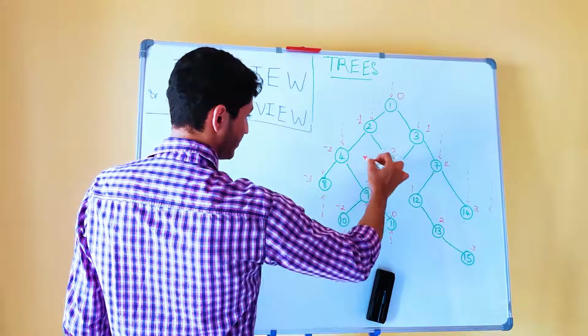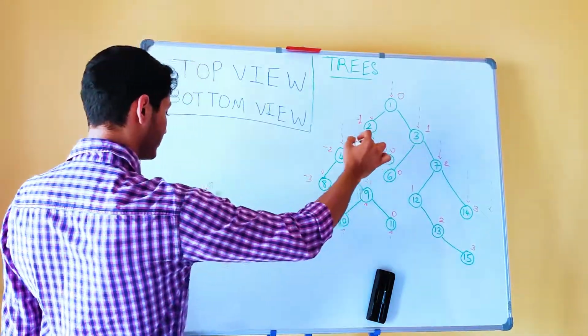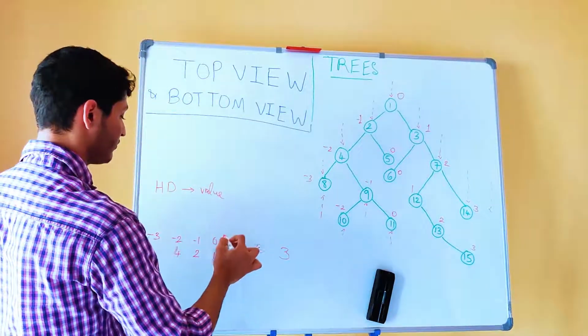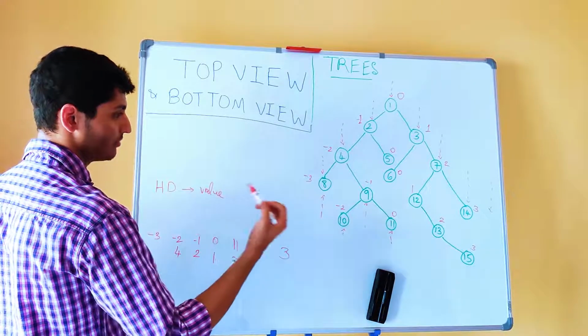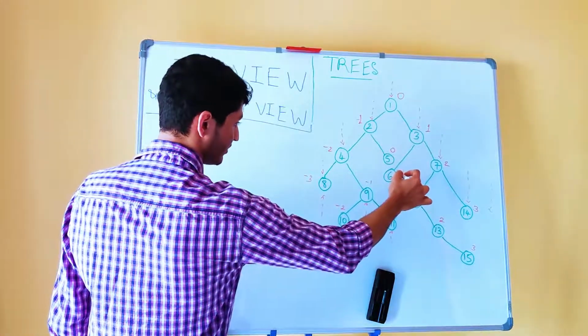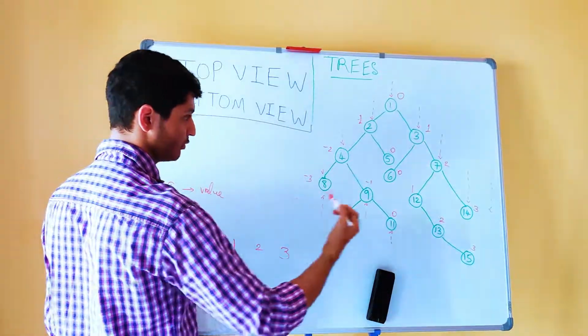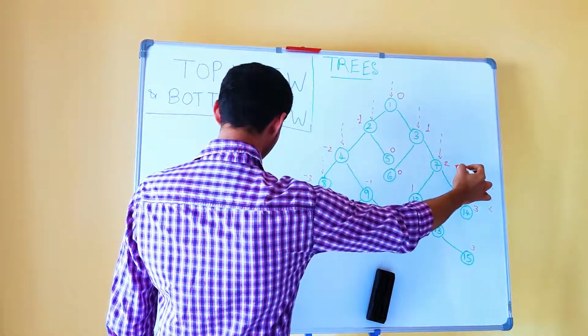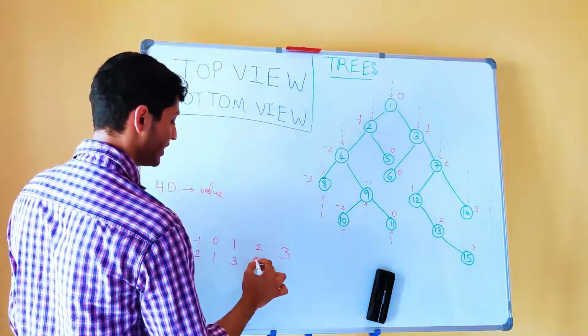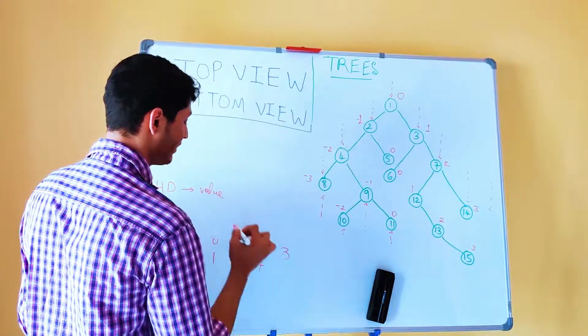For 5, the horizontal distance value is 0, but 0 is already filled, so we will move on. For this node, the horizontal distance is 0, already filled, so we move on. For horizontal distance of 2, the map value is empty, so we'll fill it with 7.